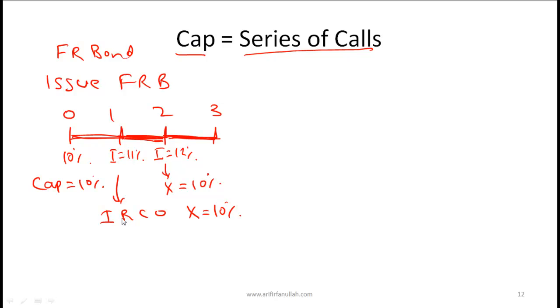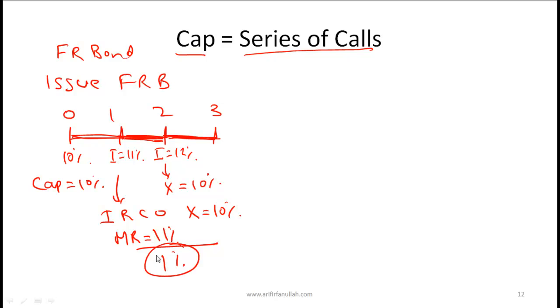Had you not owned this interest rate call option, you would make that 11% payment. But because of this call option, where you have a strike price of 10%, if the market rate is equal to 11%, you have a benefit of 1%.